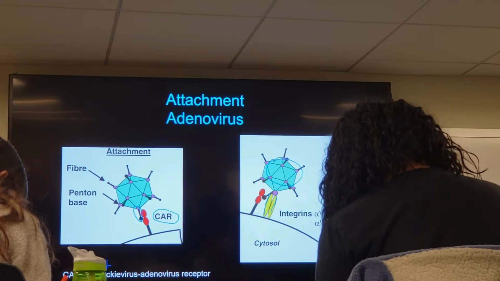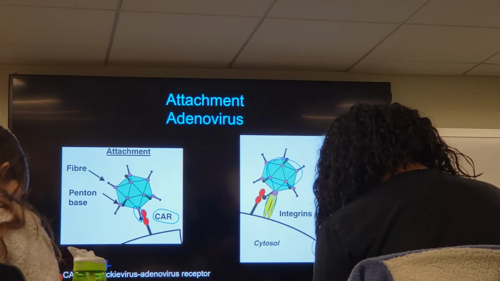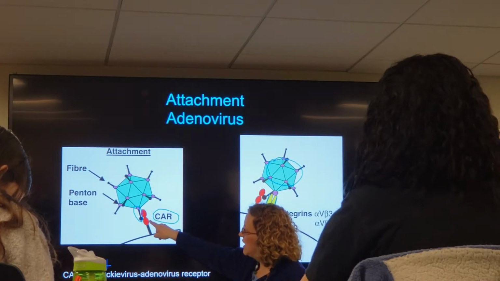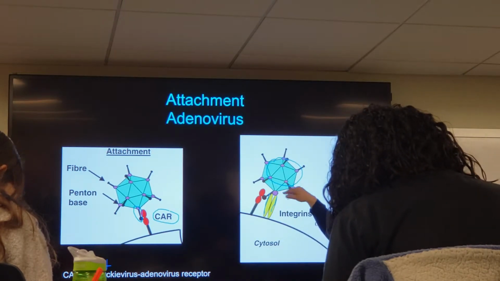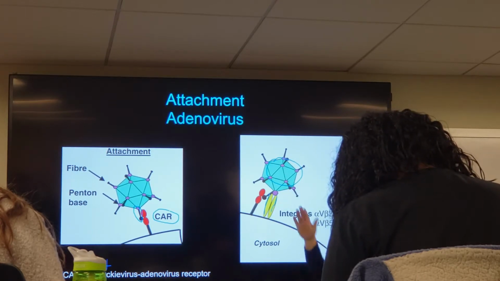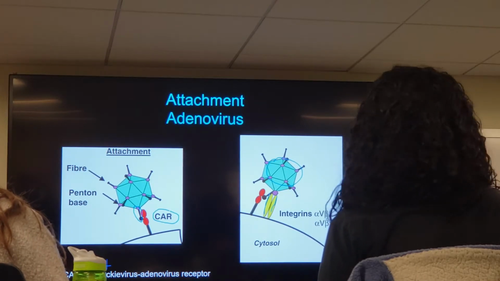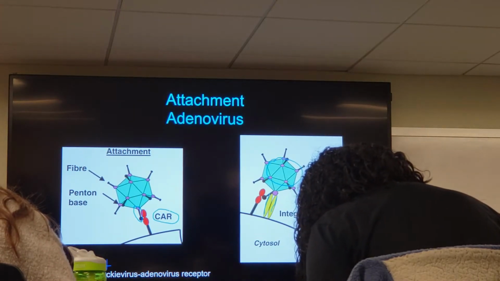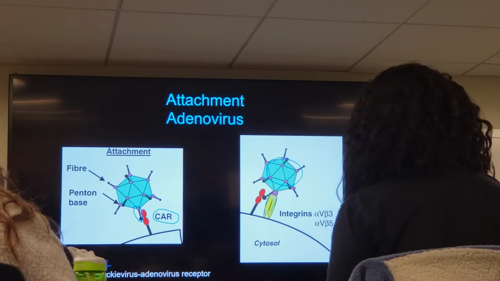Again, this is a two-pronged approach: both the glycoprotein interacting with the CAR, and the base of that icosahedron interacting with the integrins. So again, just another layer of specificity for adenovirus.